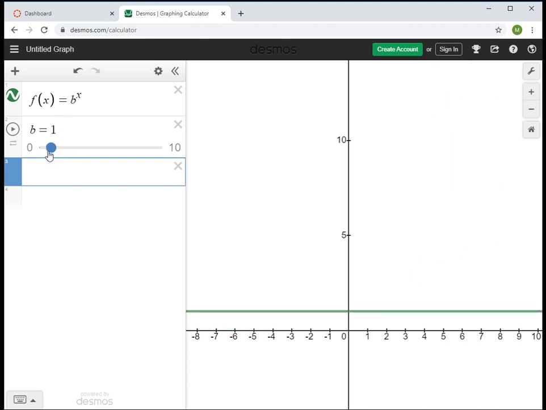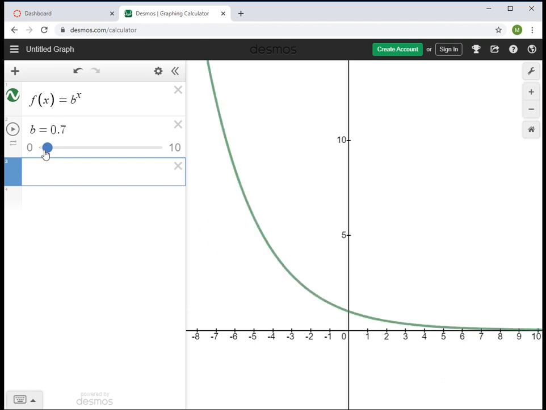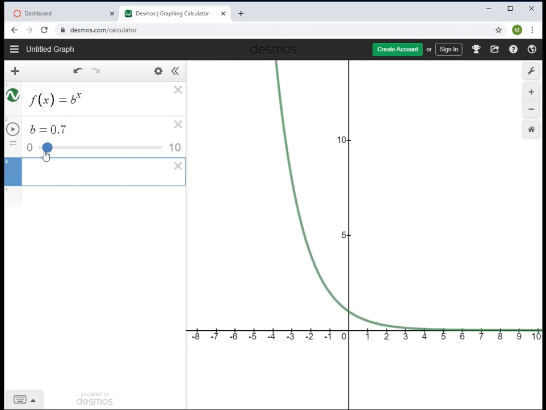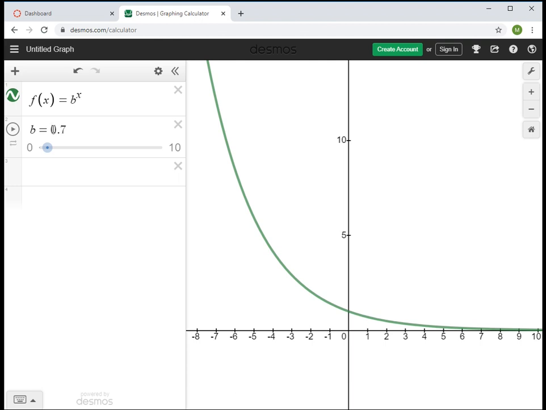And at 1 itself, that's really just a constant function, so it's not truly exponential, at least according to the definition our text gives. Now if I go into numbers right between 0 and 1, now I'm looking at exponential decay, right? So if I say have a base of 0.7, that really is applying a 30% decrease from output to output. So I'm going to get that kind of shape.